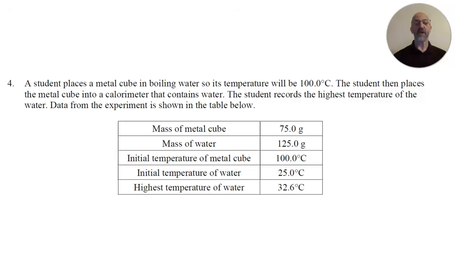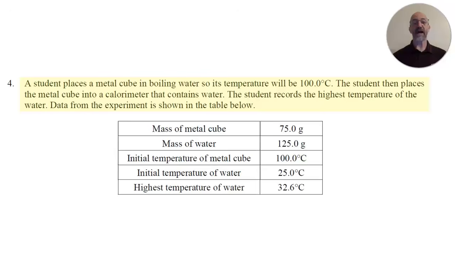Now let's move on to the practice for topic 6.3. This is question 4. In question 4, it says, a student places a metal cube in boiling water, so its temperature will be 100 degrees Celsius. The student then places the metal cube into a calorimeter that contains water.